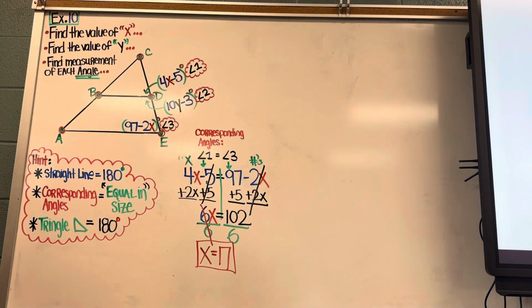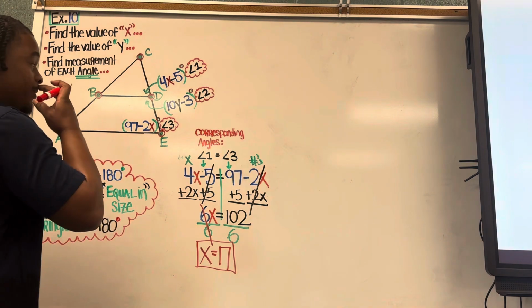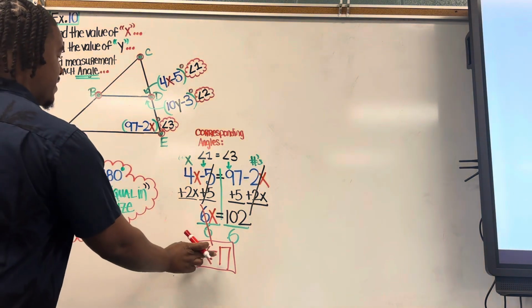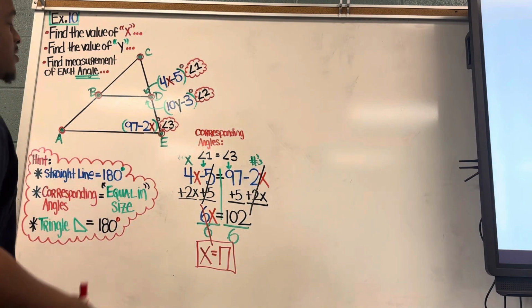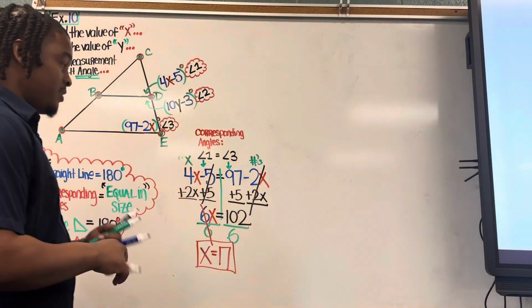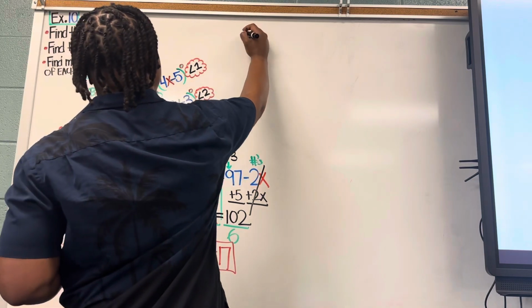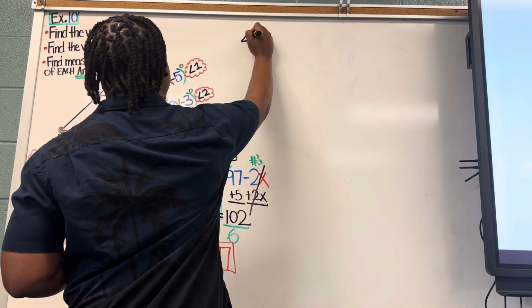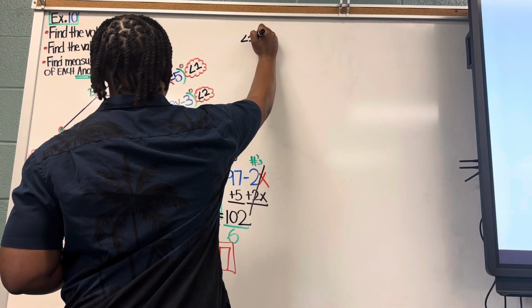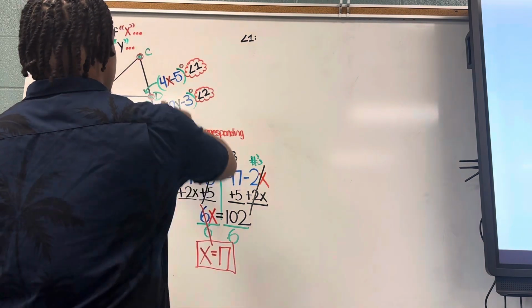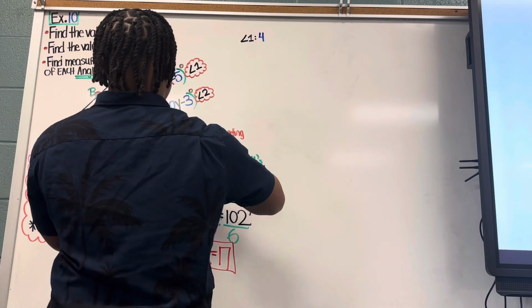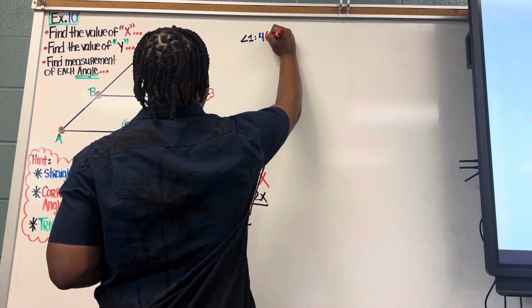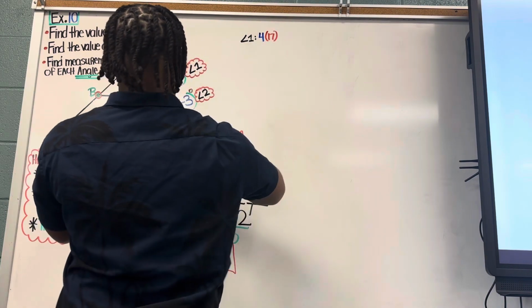Because x has a value of 17, we can plug in x in the two expressions that have x within them, which are angle 1 and angle 3. So let's go ahead and do that. Angle 1, remember the value of x is 17, so angle 1 is going to be 4 times 17, which is the x, minus 5.